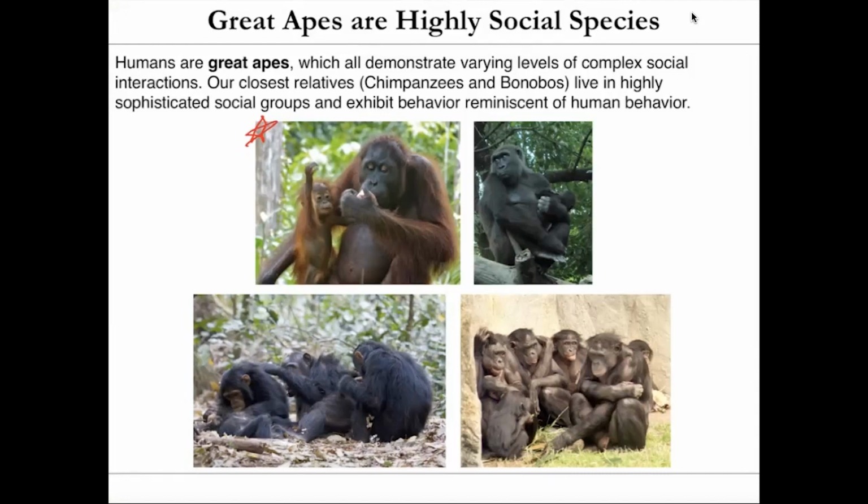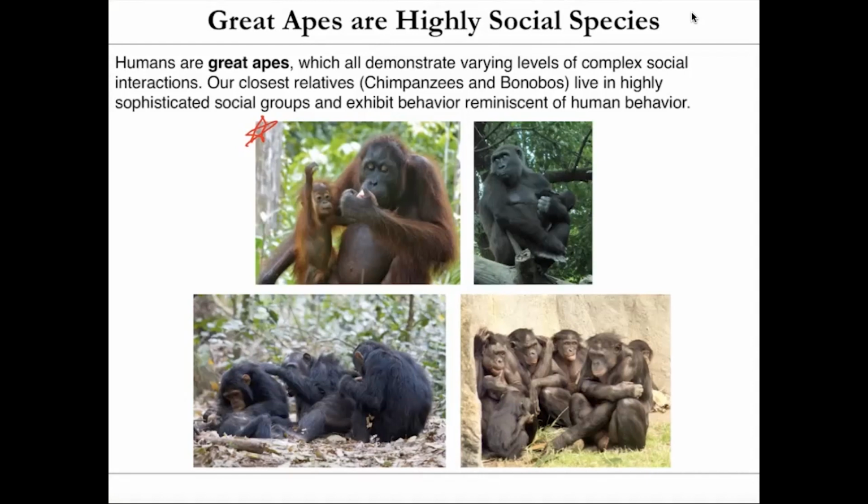So we can go on and on about great ape societies, but it is important to touch on them and define them a bit because they are our closest relatives. If we're talking about human societies, we should mention our closest relatives, and you see that they have a lot of differences even between closely related species such as chimpanzees and bonobos.